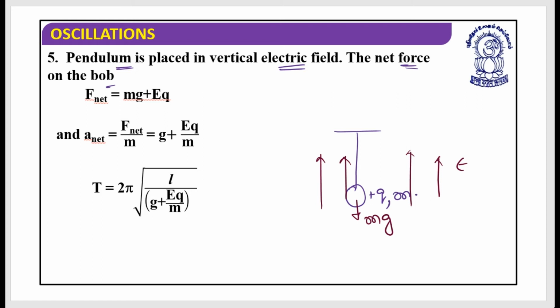In this case, F net could be equal to mg plus or minus qE, plus or minus because the electric field could also be in the downward direction. So a net is equal to F net divided by m, and you need to replace only this a net.